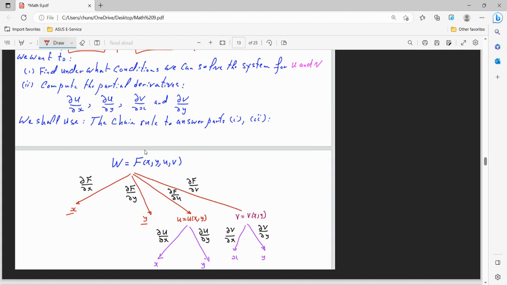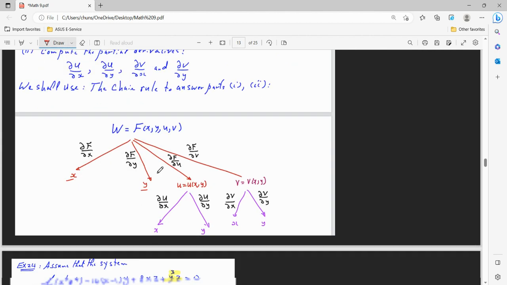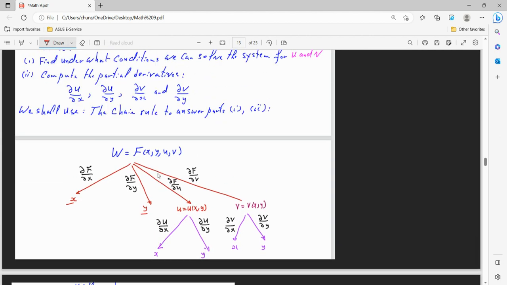And if we wanted to compute the partial derivative of w with respect to x, we would have to take each one of these paths.